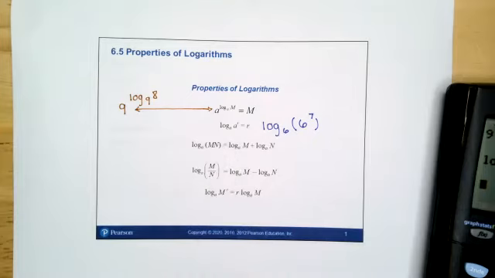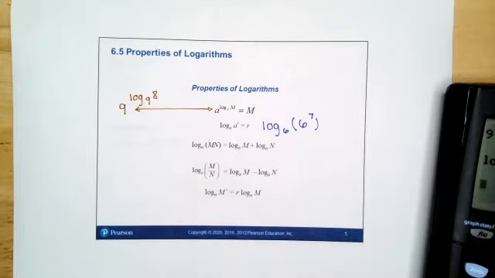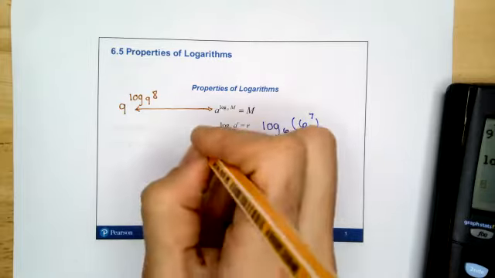Here, these last three, this is where we're going to learn how to, again, I already said it, expand and condense. On the left, these are condensed, right?